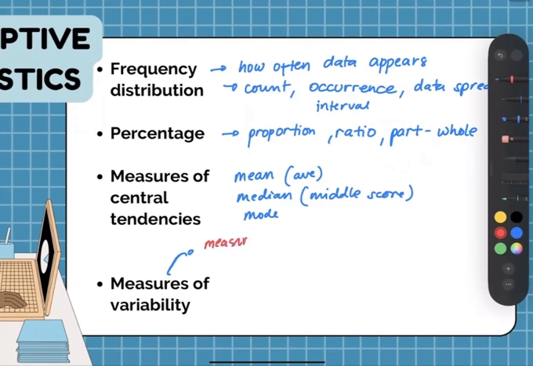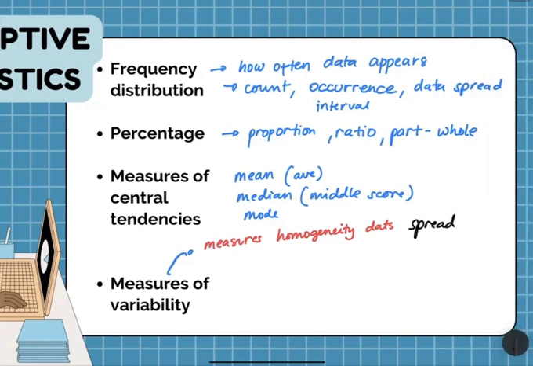It actually measures the homogeneity of your data. Meaning, we're talking about how spread the data is. What's the implication if the measures of variability say that your data are homogeneous?